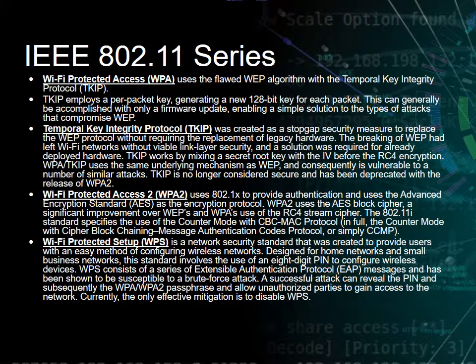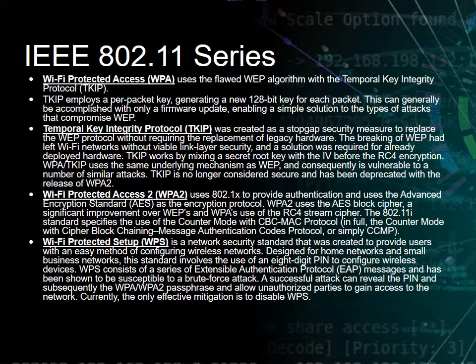So TKIP works by mixing a secret root key with the initialization vector before the RC4 encryption protocol is used. WPA TKIP uses the same underlying mechanism as WEP, and consequently is still vulnerable to a number of similar attacks.